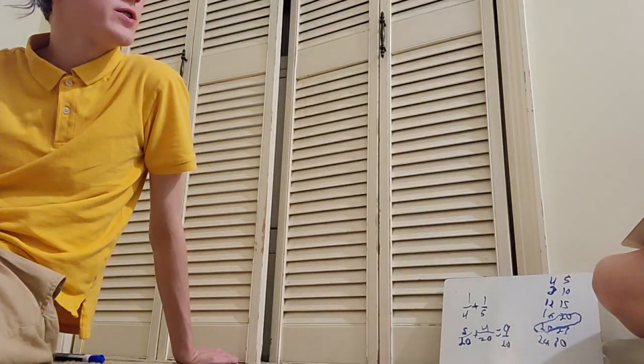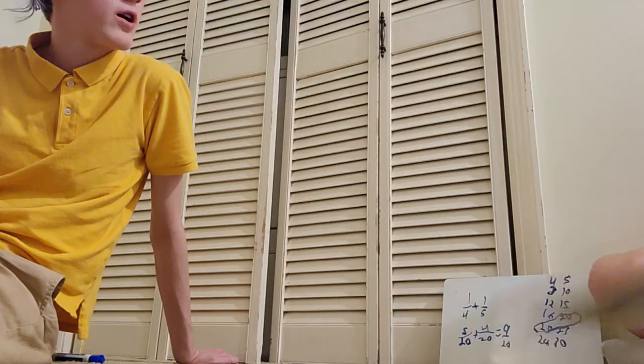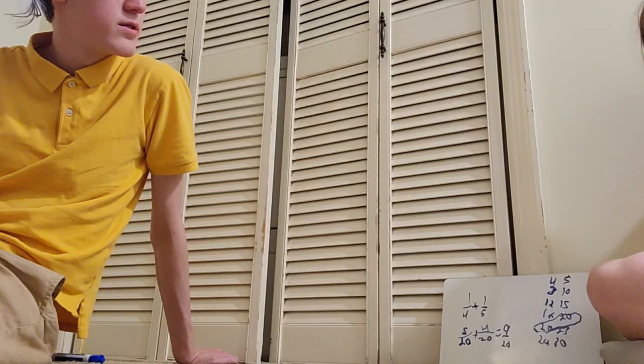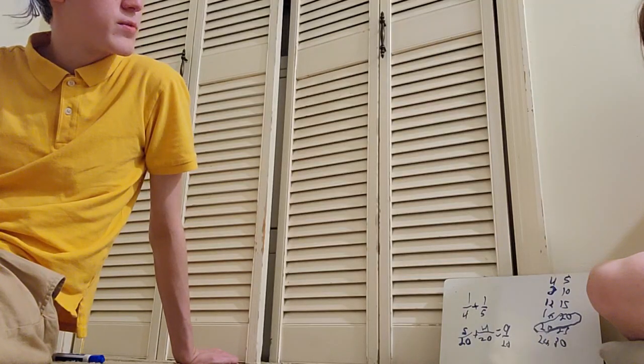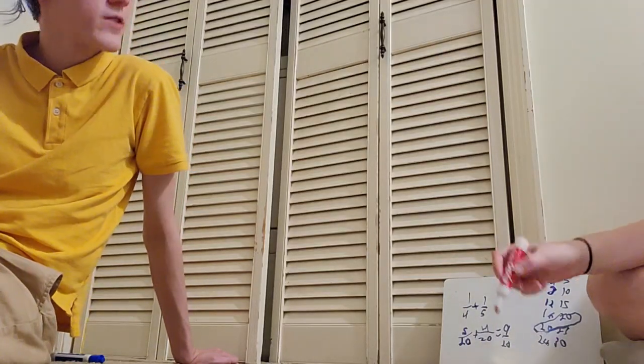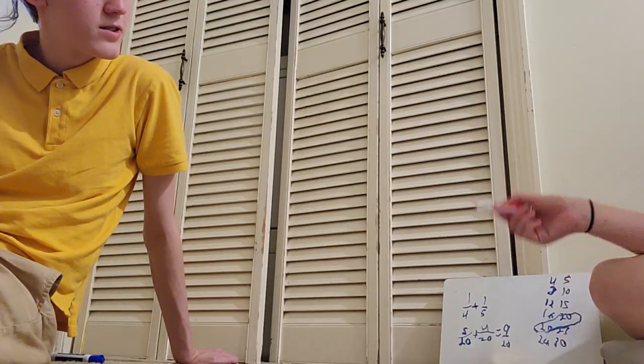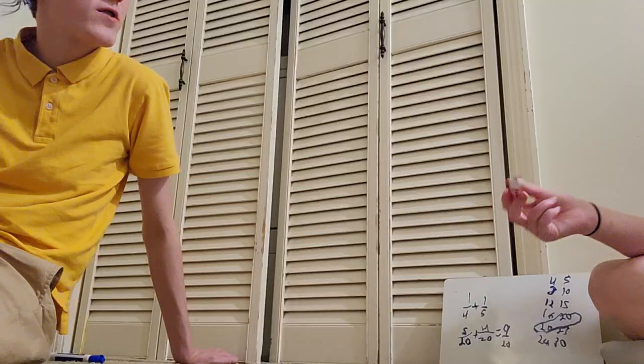Have you found a number that's on both columns yet? No. Oh, except for 35. Okay, 35 is a common multiple. Yes, 35 is a common multiple.